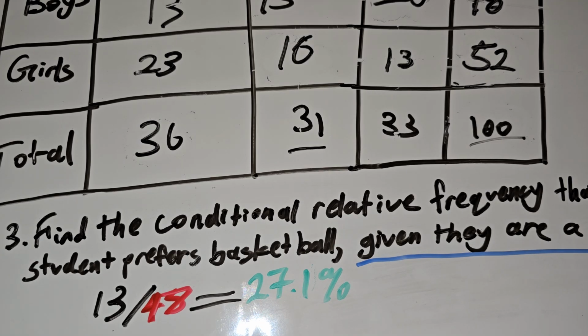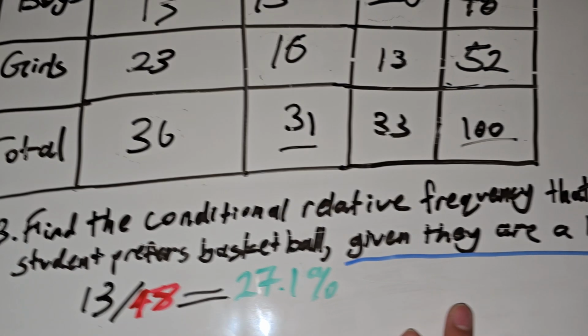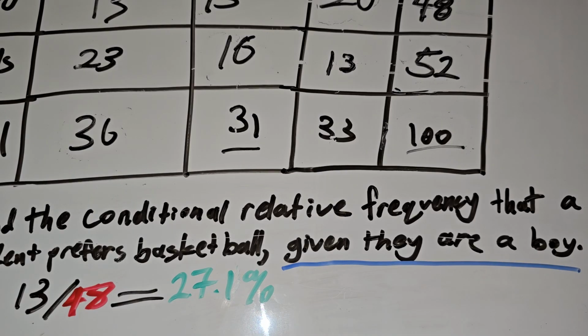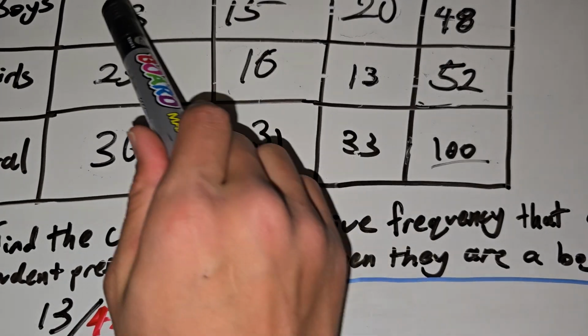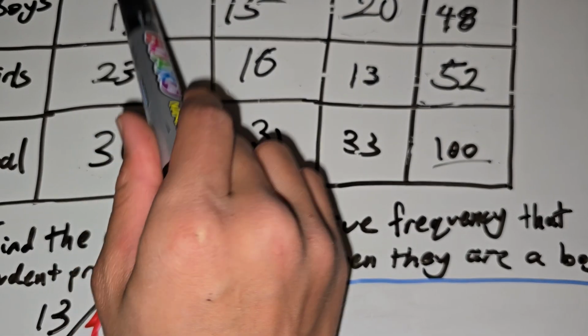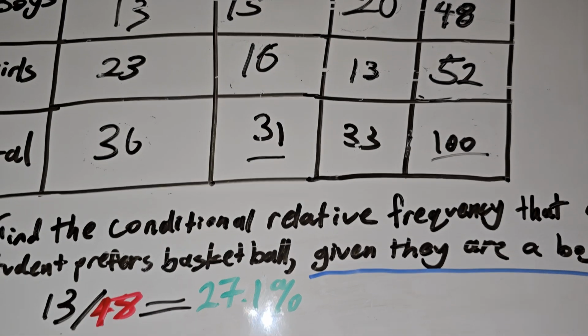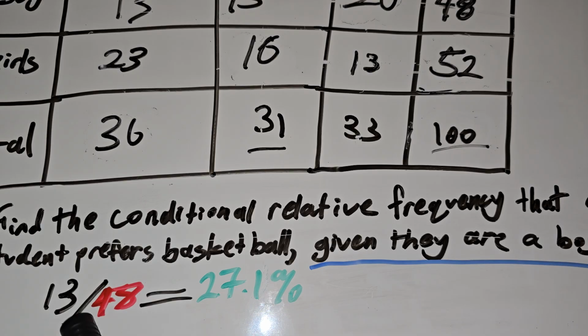Now, this problem is actually very special because it's telling us to find the conditional relative frequency that a student prefers basketball given they are a boy. Meaning, if the person is a boy, which would be out of 48 total, how many of those boys prefer basketball? It's really simple. It would just be 13 divided by 48.